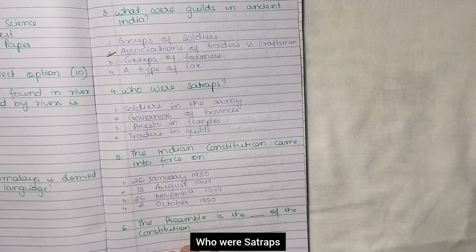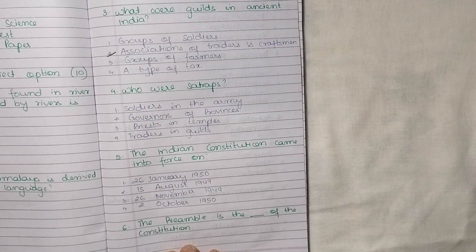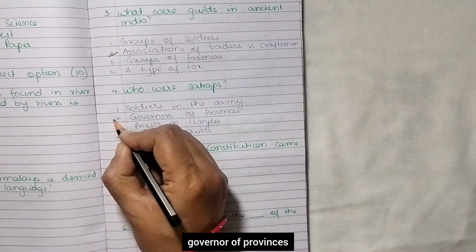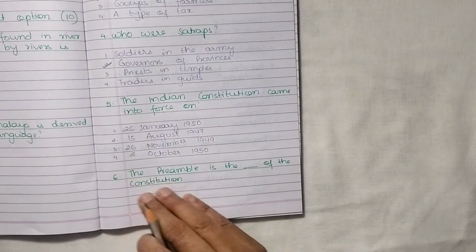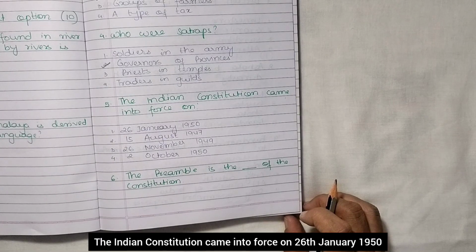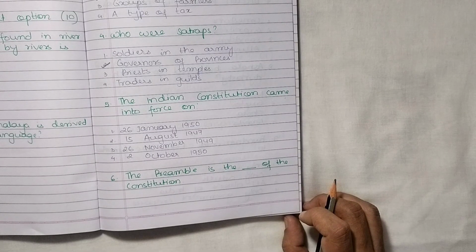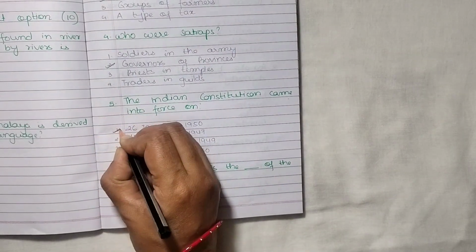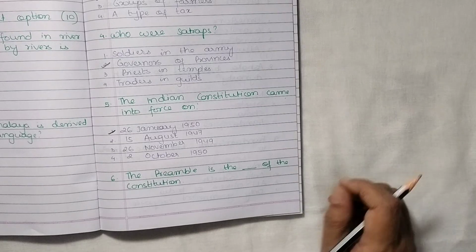Who were satraps? Soldiers in the army, governor of provinces, priest in temple, traders in guild. Governor of provinces. The Indian Constitution came into force on 26 Jan 1950, 15 August 1947, 26 November 1949, 2 October 1950. 26 Jan 1950.